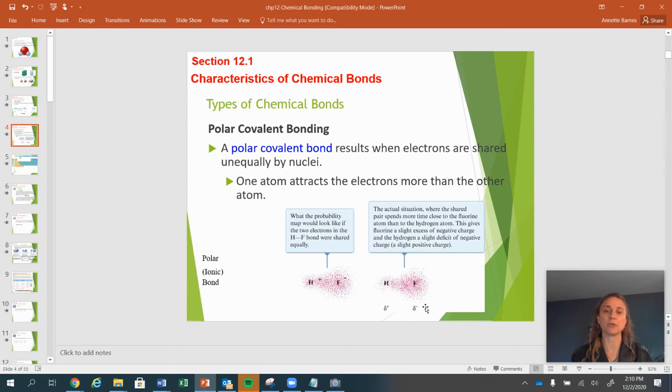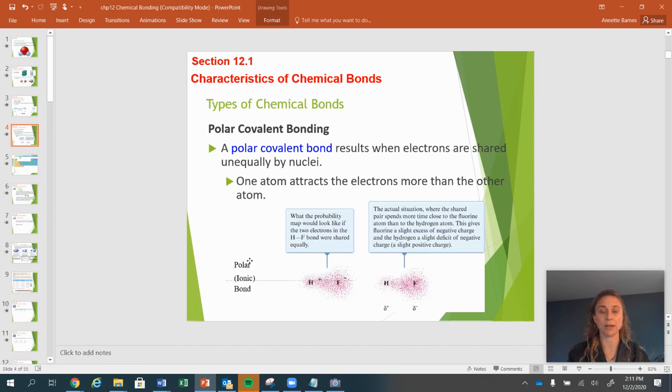So we say partially positive, partially negative, and we use a sigma to denote that it's not a transfer of an electron. The hydrogen didn't completely give up its electron, and fluorine didn't completely take it, but it's just an uneven sharing, and we call this a polar covalent bond.